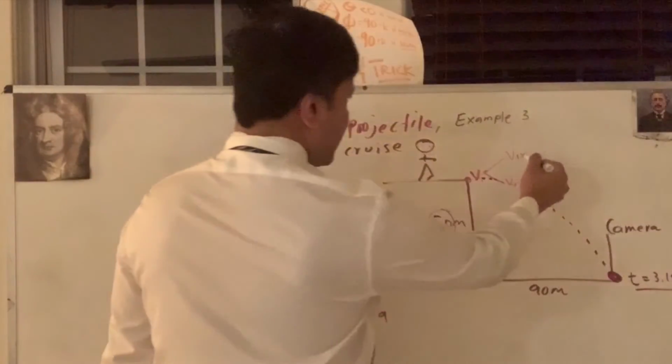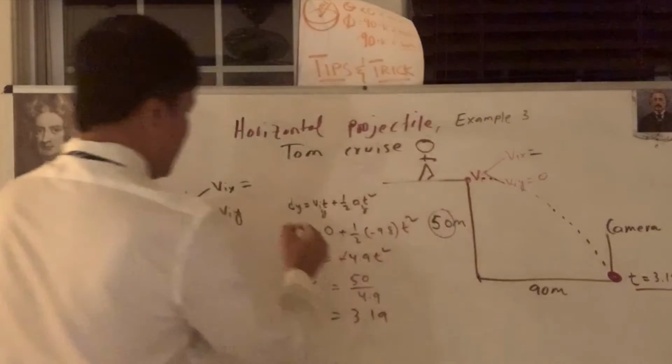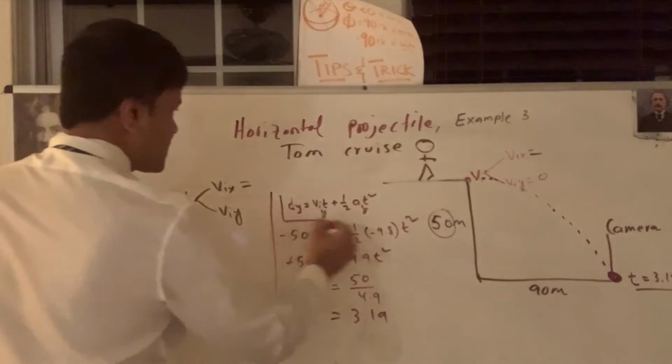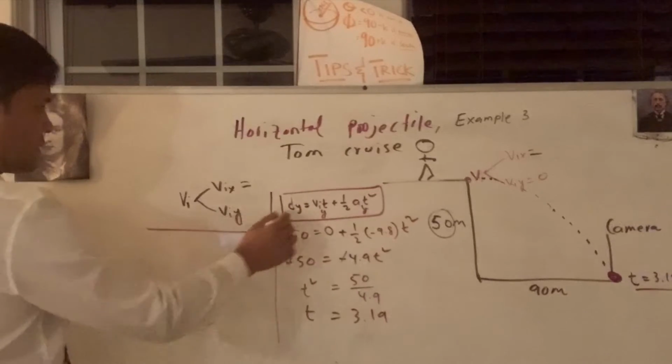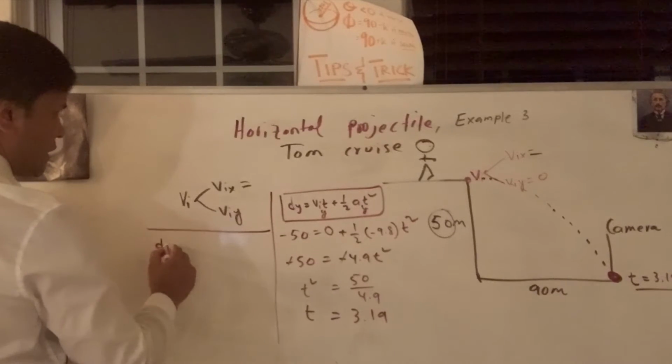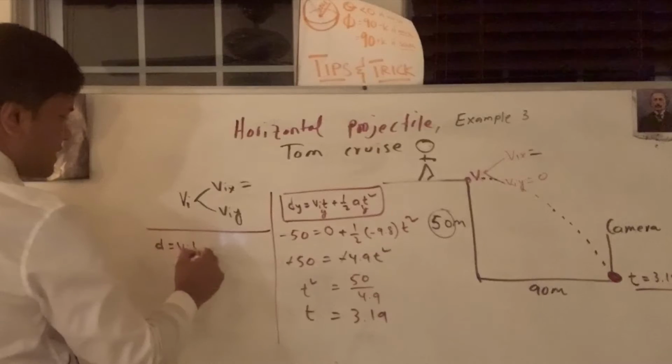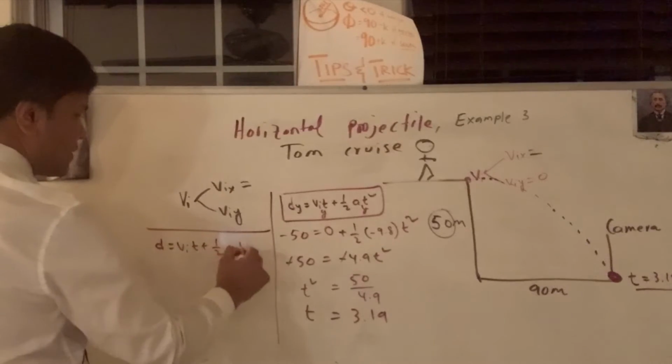Okay, well, we want to find the initial velocity right here. So we can use the other component of this equation. What is the other component? I'm going to write d equals vit plus half at square.